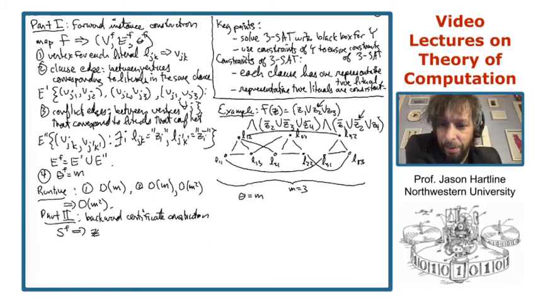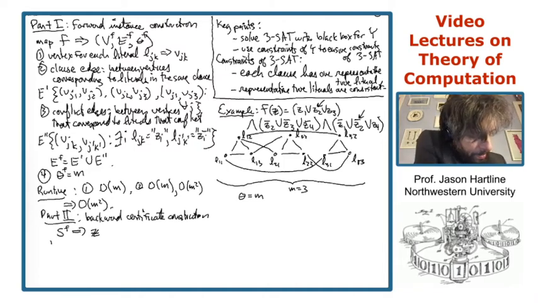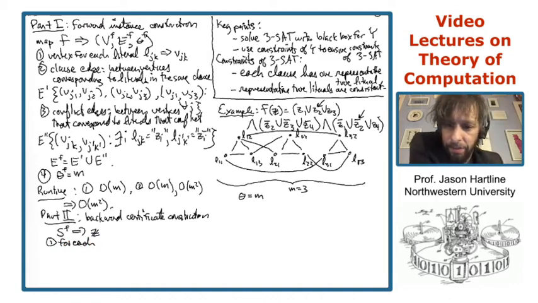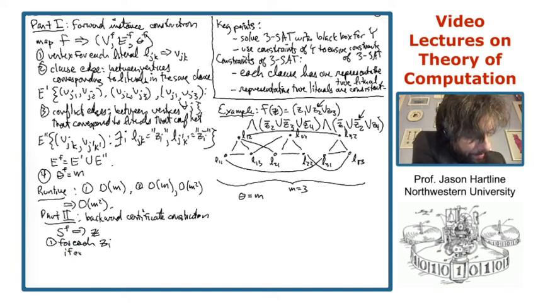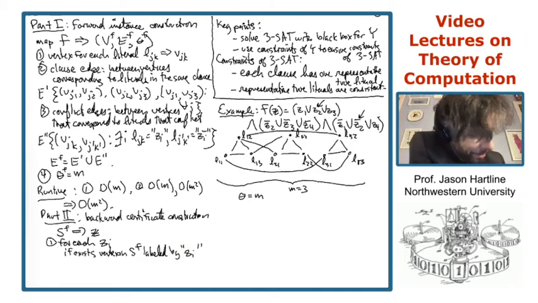Okay, and how we're going to do this: for each variable zi, if there exists a vertex in S labeled by zi, so if there's a vertex in S that corresponds to a literal that's labeled by zi not negated, okay, then we're going to set zi to true.